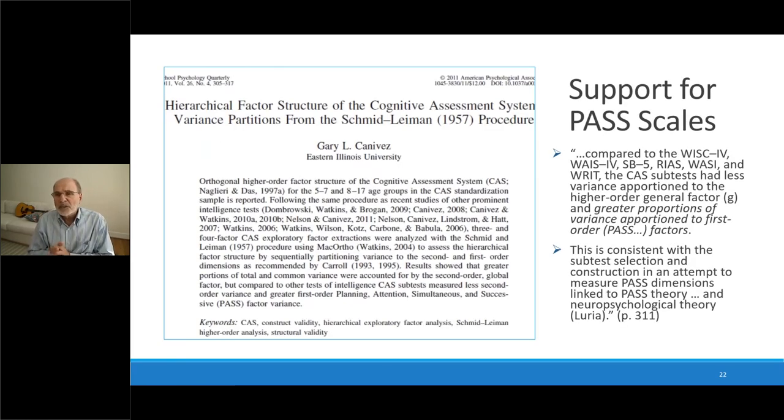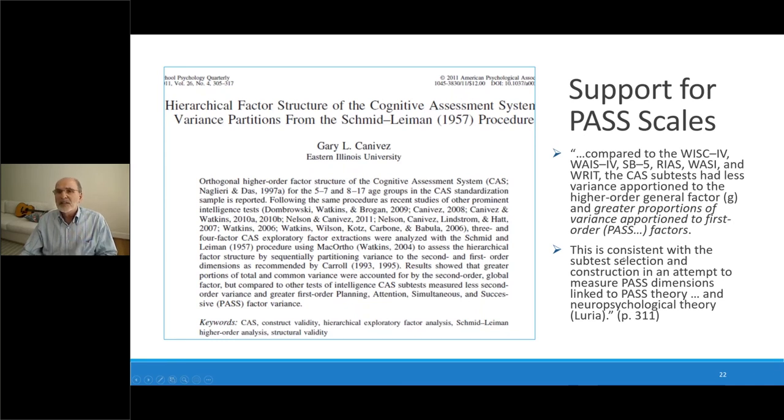Now, the only exception to this line of research that has been reported, in terms of all the different tests, these authors have looked at the WISC-4, the WISC-5, the WAIS-4, the Stanford-Binet, the RIAS, the WASI, and on and on.